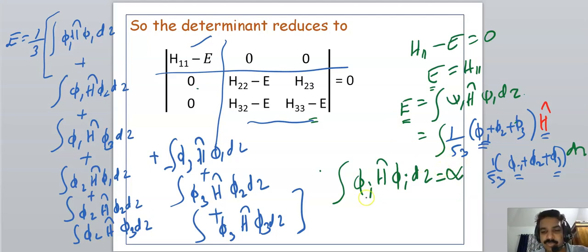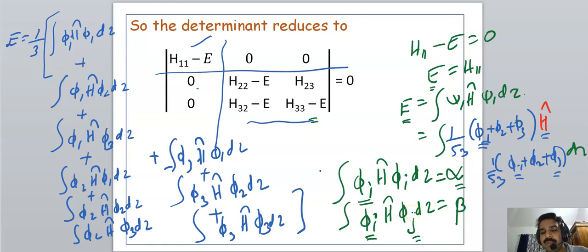And the integral phi i h cap phi j d tau is the energy of interaction between phi i and phi j, and that is denoted as beta.